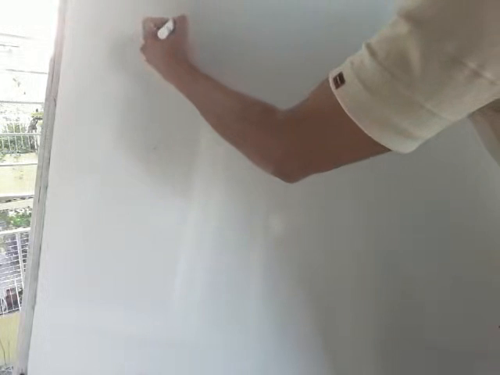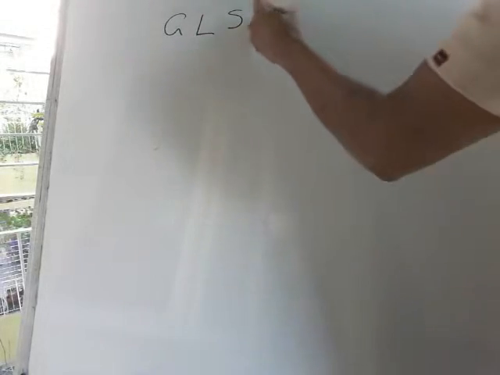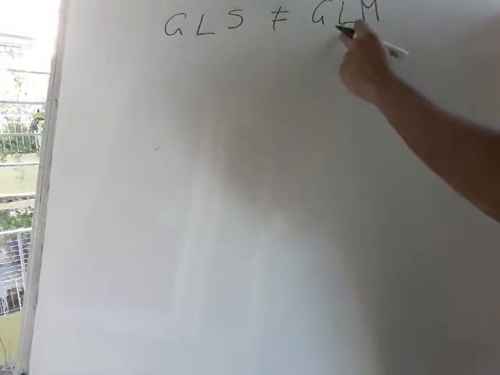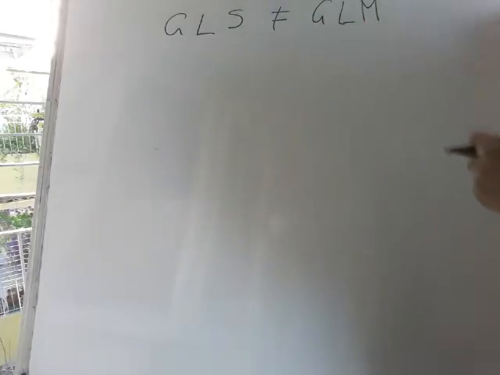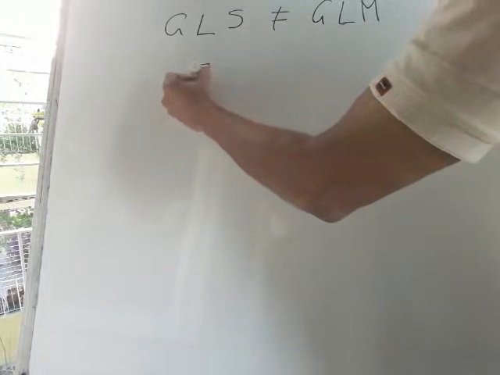The first one is called generalized least squares, or GLS. This is not to be confused with something else called GLM, generalized linear model, that we will discuss later. So in this case, we have this setup.